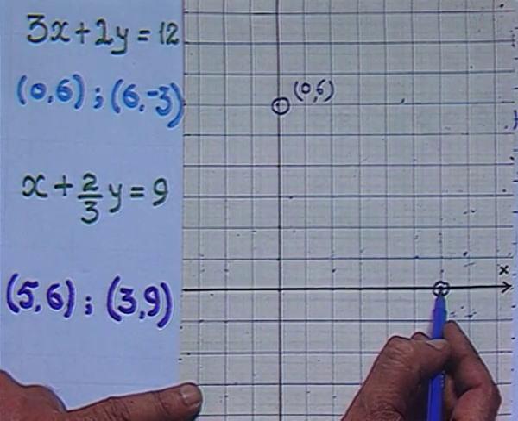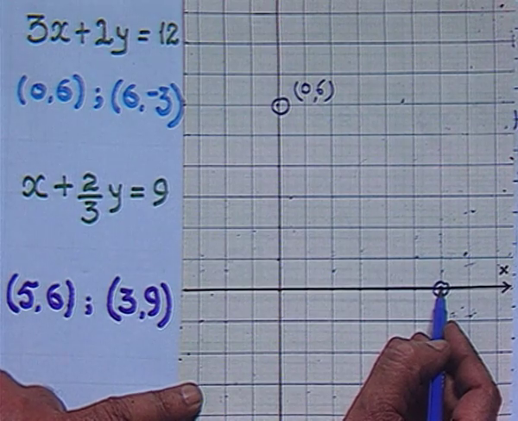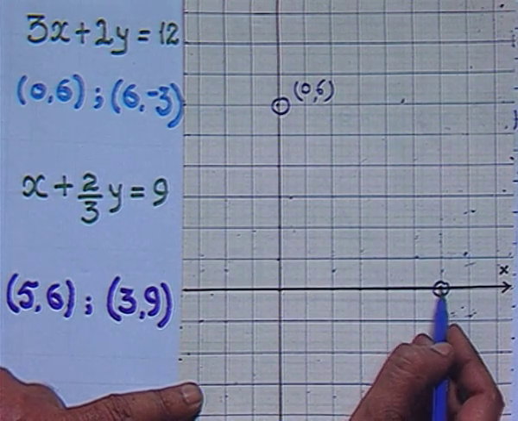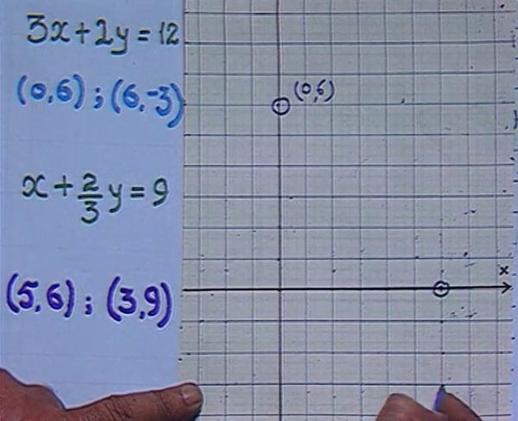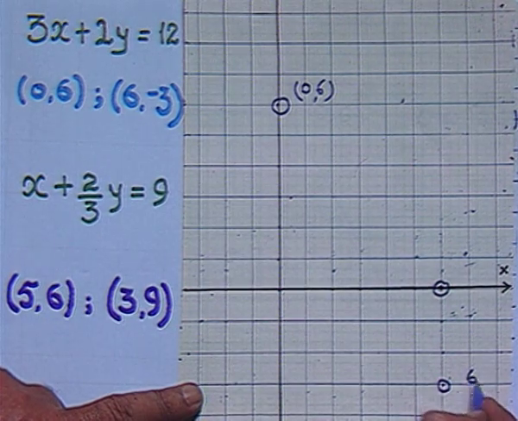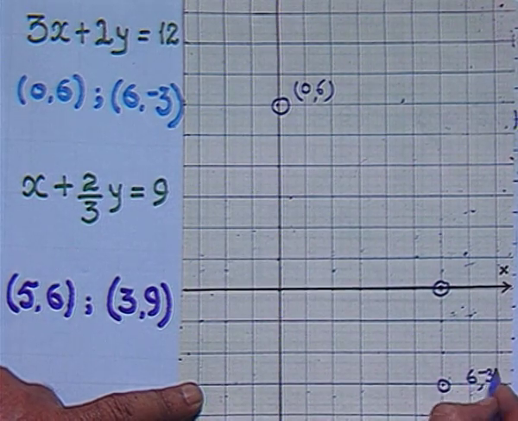But I want the point (6, minus 3). For minus 3 units, which direction do I move? I will move down, 1, 2, and 3. So this point is (6, minus 3).